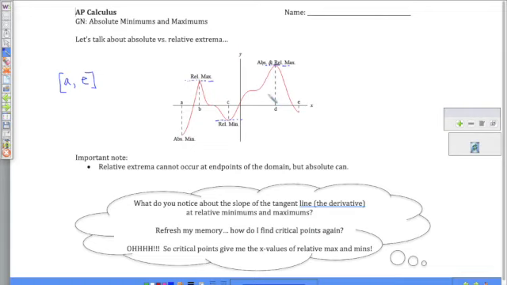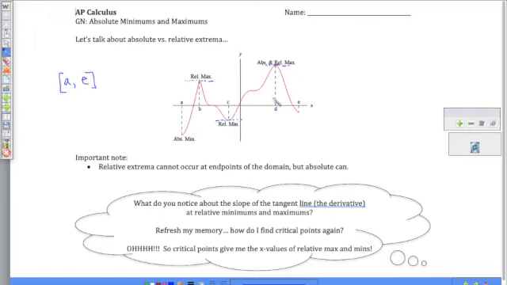So the other day, I kind of had you guys just do a random assignment on critical points. And you're probably like, what the heck is a critical point? Well, a critical point is where the derivative is either undefined or equal to 0. Wait. Equal to 0? So a critical point tells me where my max and mins occur. Oh my gosh, that is so cool.